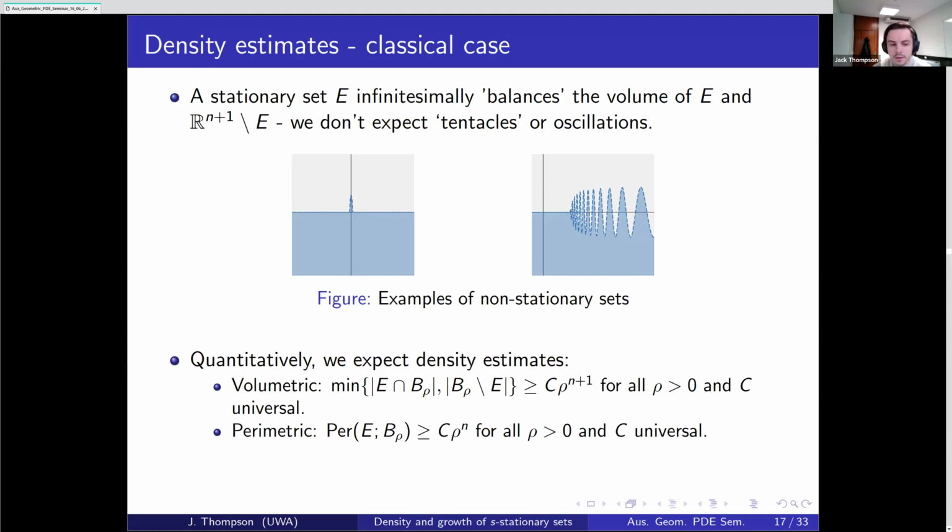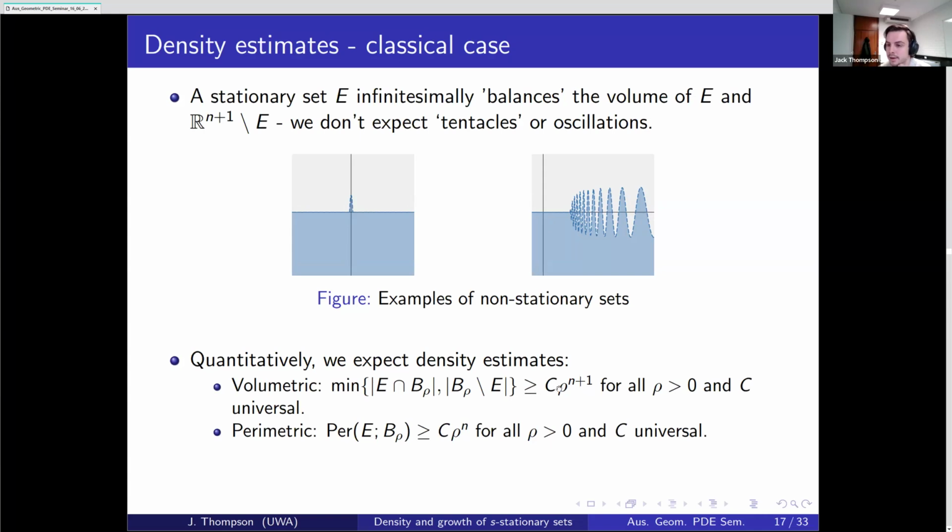Quantitatively, we can measure this in terms of density estimates. We have two density estimates. One is the volumetric density estimate. We take the volume of E intersected with a ball, and the volume of the ball minus the set E, and we take the minimum.